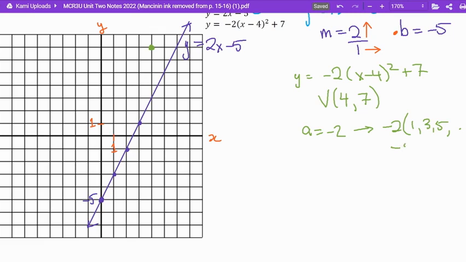That gives me -2, -6, -10, and I'd get -14, etc. The negative just tells us to go down. So watch: I go 1 across, 2 down. 1 across, 6 down. 1, 2, 3, 4, 5, 6. 1 across, 10 down. Okay, I can't even go that far.